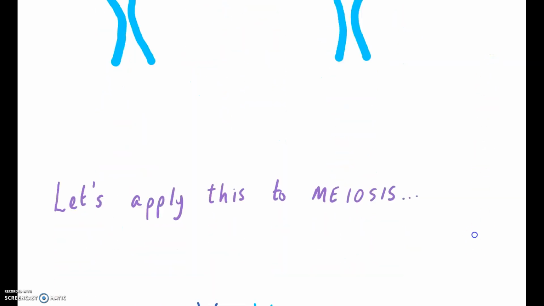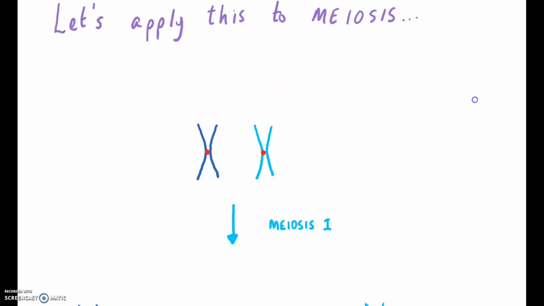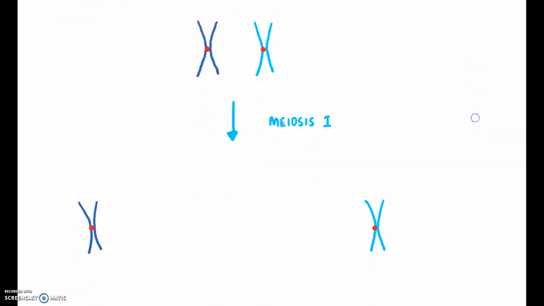Now, if we apply this to meiosis, in meiosis 1 we have our homologous pairs of chromosomes separating, and at this point we do not undergo interphase. If one of these cells did go through interphase at this point, then the complete chromosome would be replicated.